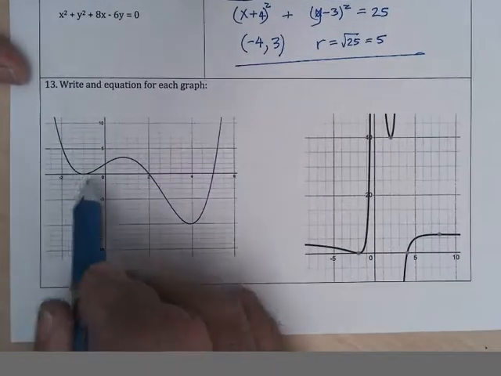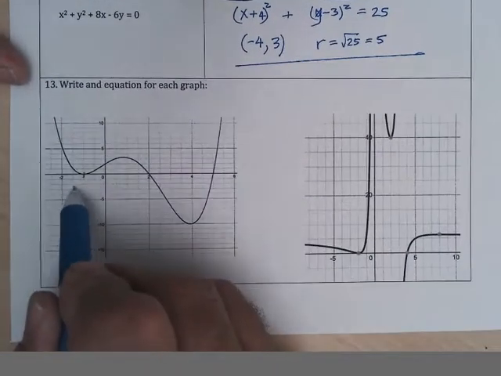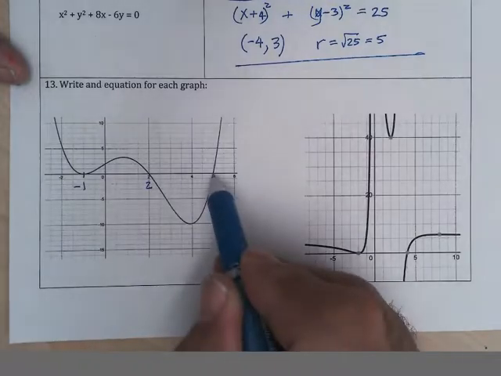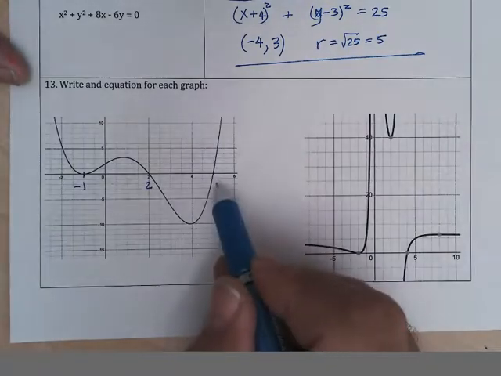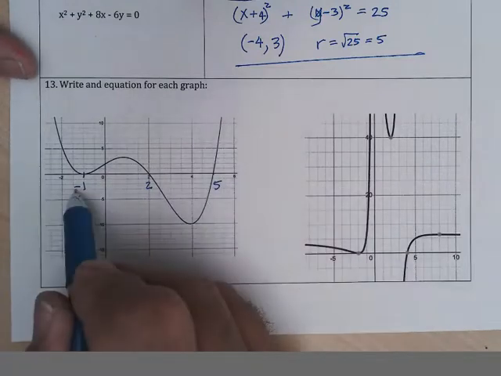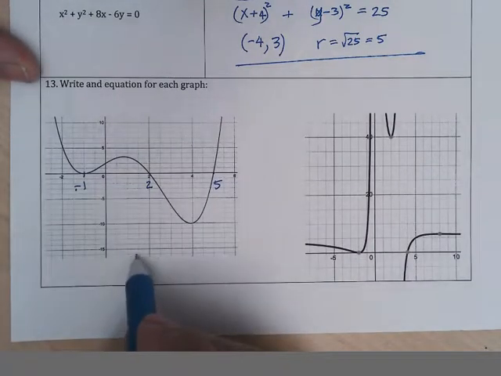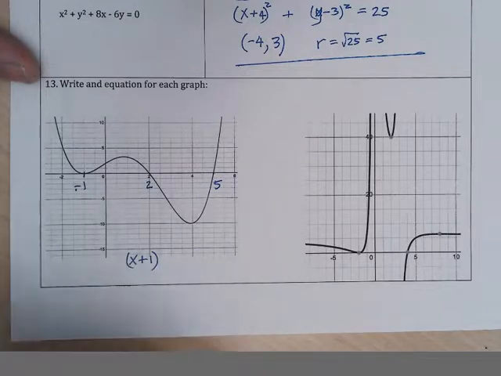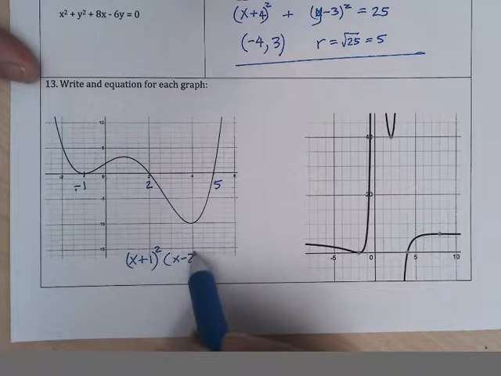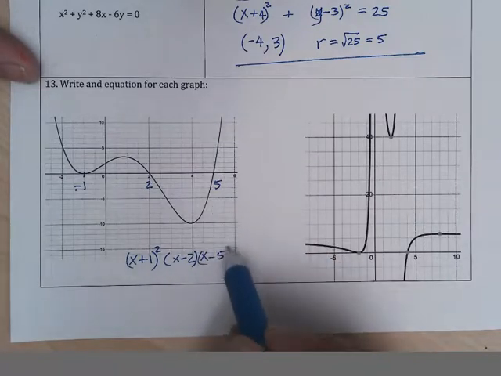Equation for this: it crosses at minus 1, at 2, and at 5, but it's a bounce here. So the equation would be x plus 1 squared, x minus 2, and x minus 5.